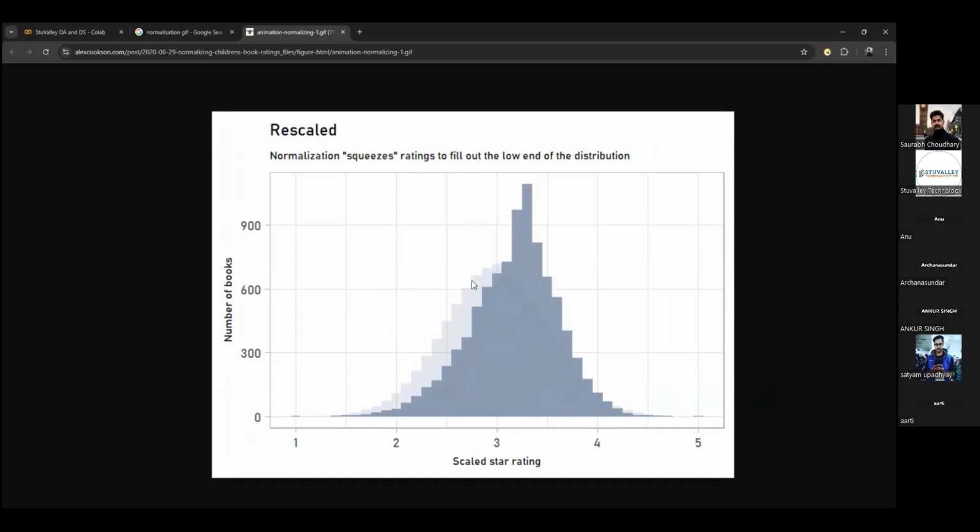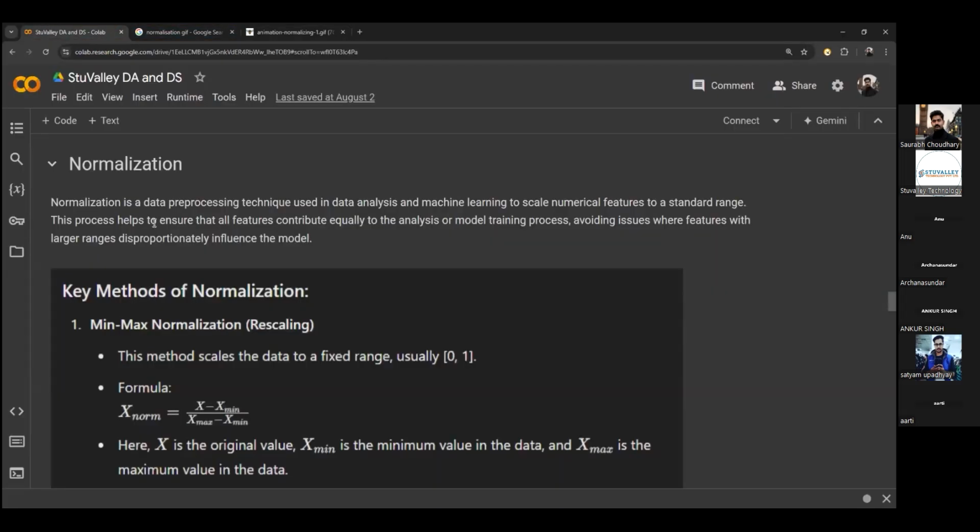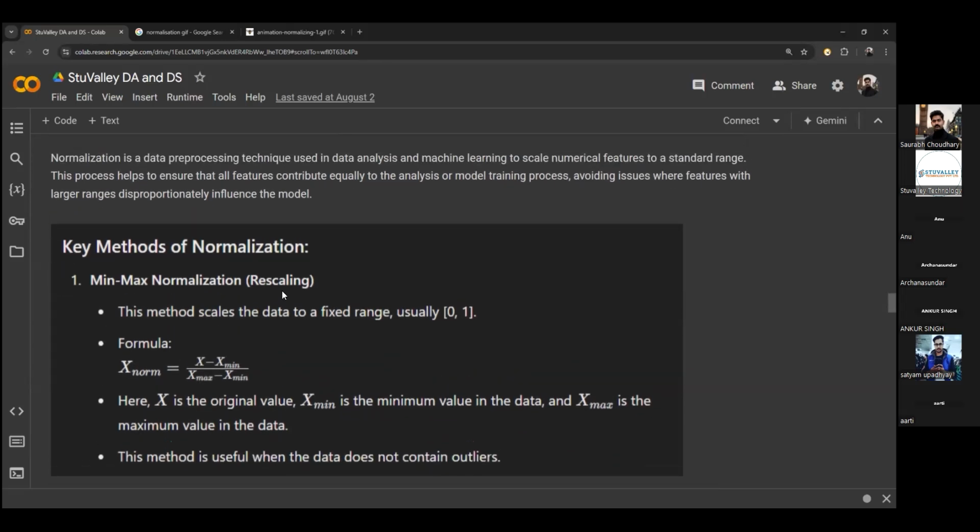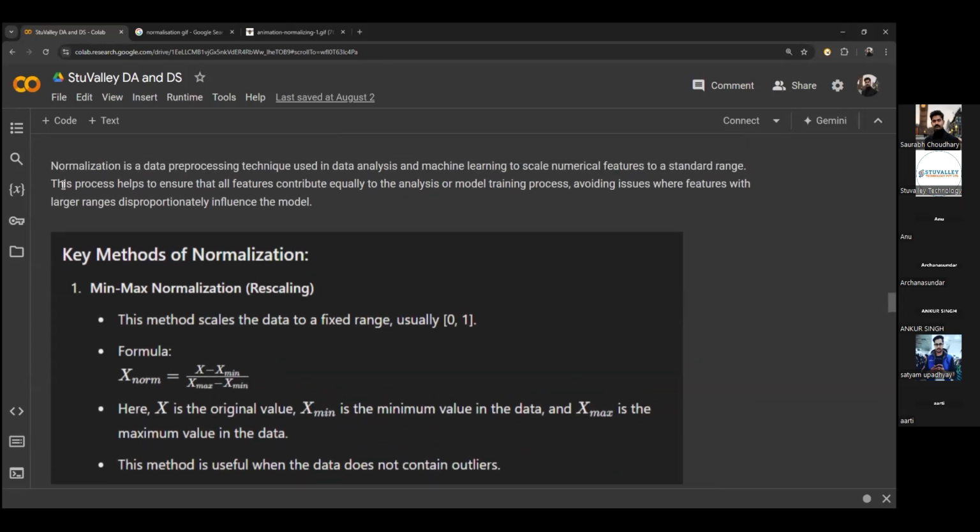How can we achieve this? We can achieve it with some kind of process which I will be telling you here. There are two kinds of process we have. This process helps us to ensure that all the features contribute equally to the analysis or model training process.